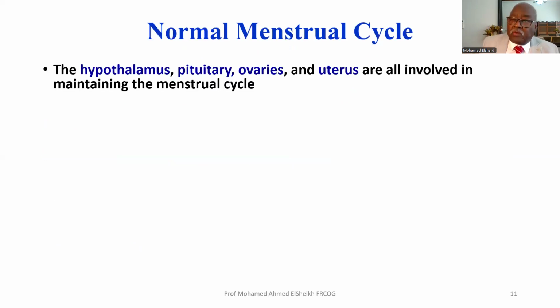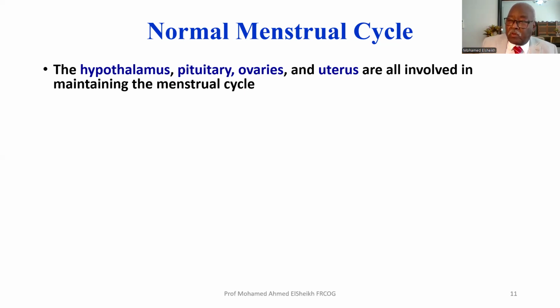So having said this about the hypothalamic pituitary axis and development of stages of puberty and signs of puberty, we come to the normal menstrual cycle. It involves organs, which are the hypothalamus, the anterior pituitary gland, the ovary, and the uterus.